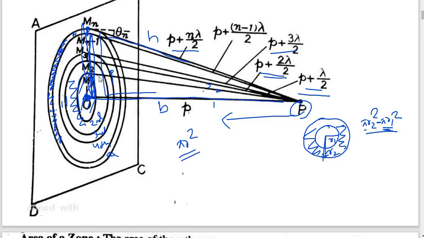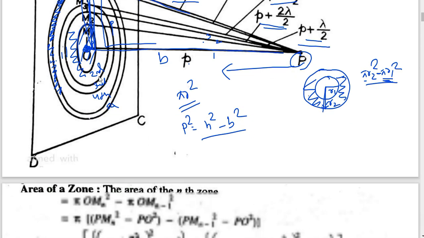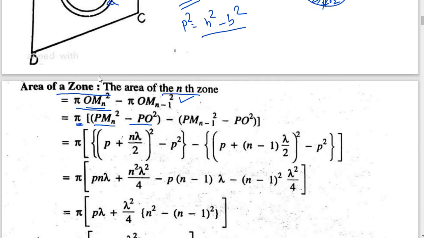From the Pythagoras theorem, P square is equal to H square minus B square. Using this formula, we find from this figure that OMn square equals PMn square minus PO square. Similarly, pi is taken common, and minus PMn minus 1 square minus PO square.